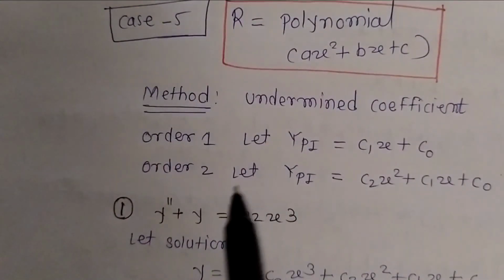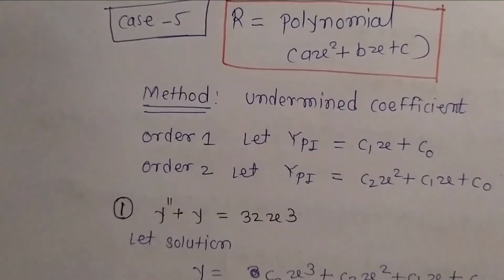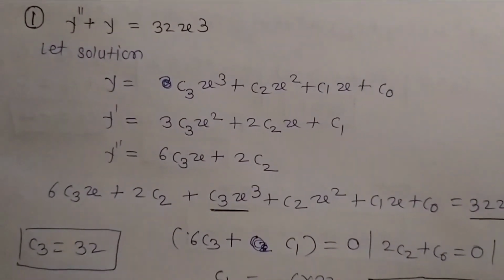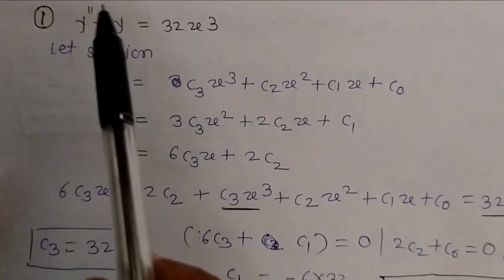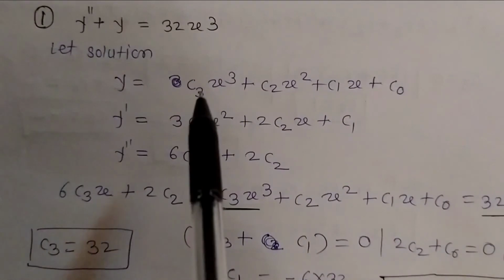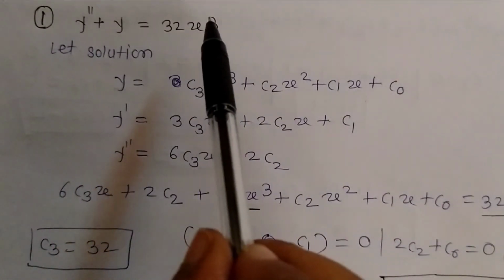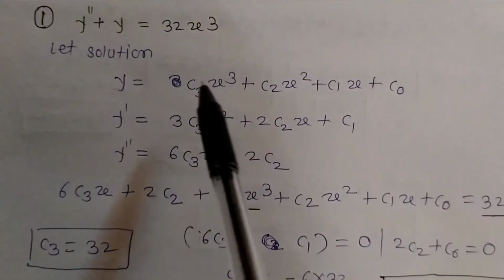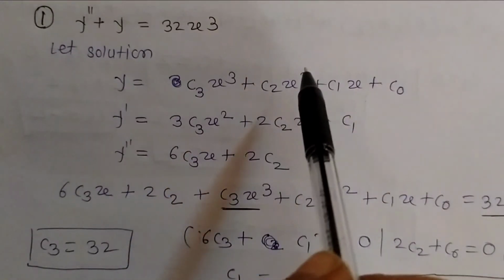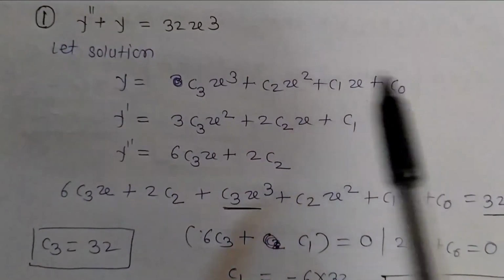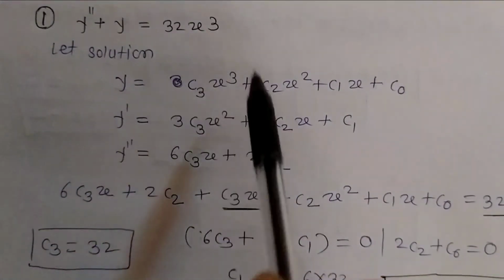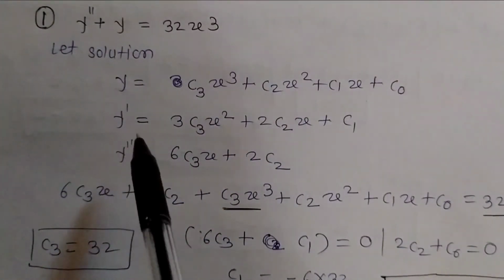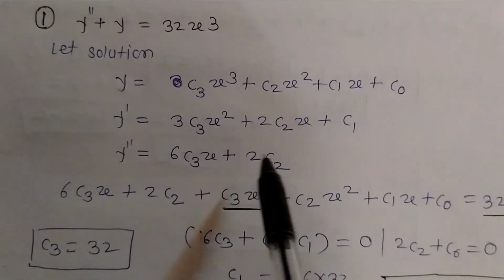It is r in the form of a polynomial, so the solution of this is y, it is in the form of x cube. So y is equal to, we have to take c3 x cube plus c2 x square plus c1 x plus c naught. y dash is equal to, the differentiation of this, 3 into c3 x square plus 2 into c2 x plus c1, and y double dash is 6 c3 x plus 2 c2.